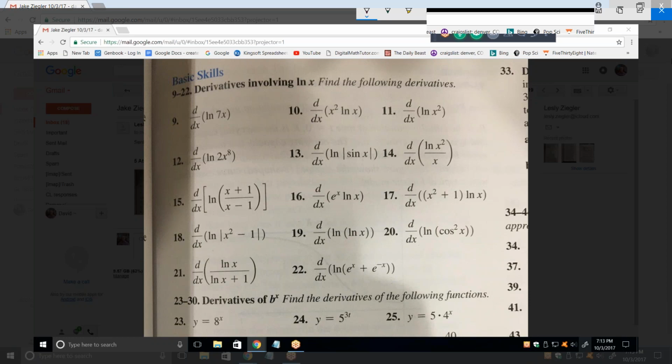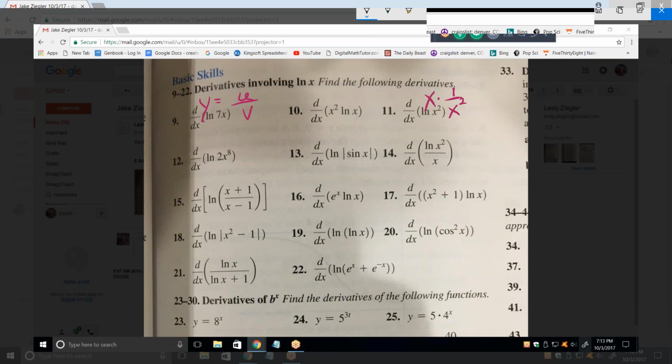So what is it? x times 1 over x. Now you've got to apply the chain rule. Wait, why? Well, because here's what we have. We have a function that is u over v.